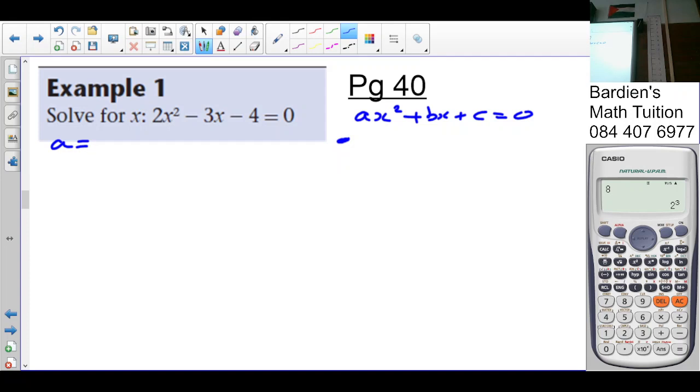Not so. So, the coefficient of x squared is a. The number in front of x squared is a. Okay, so there you can make a second note. The coefficient of x squared is a, the coefficient of x is b, and the constant term is c.